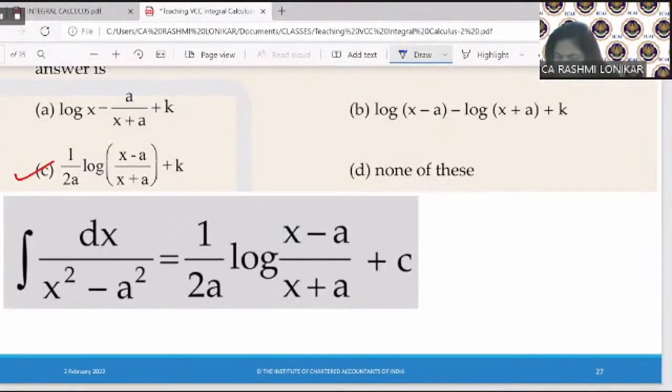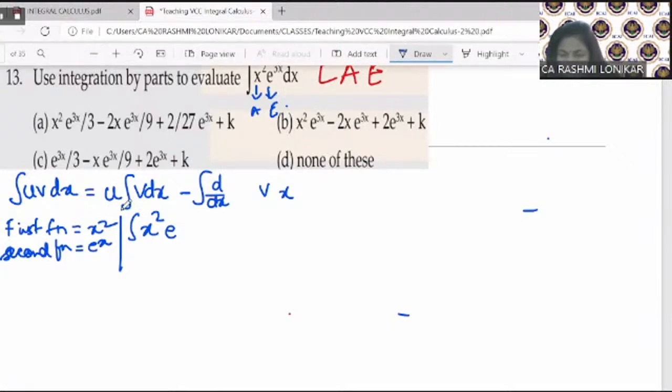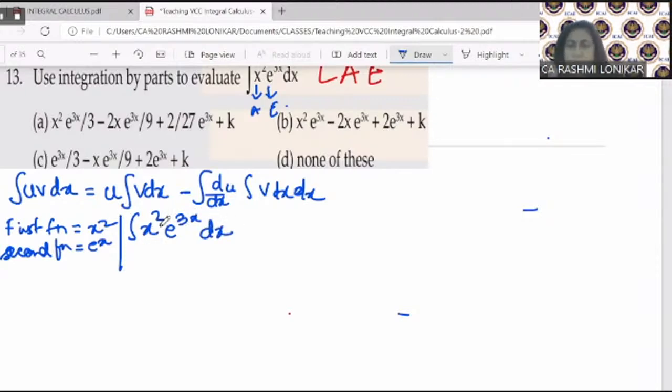That is, question 13, e raised to 3x. u into integral of v dx. So now the given question is integral of x square e raised to 3x dx. So what is my first function? First function is x square.